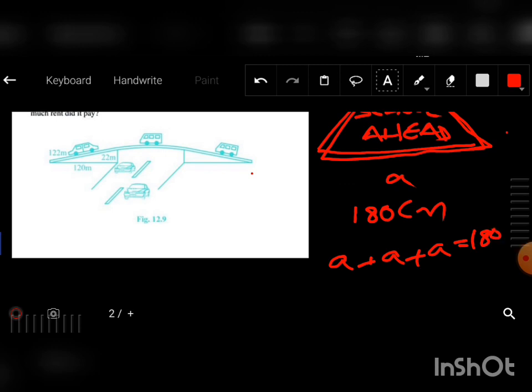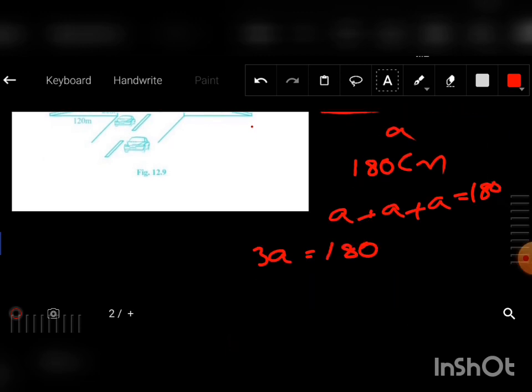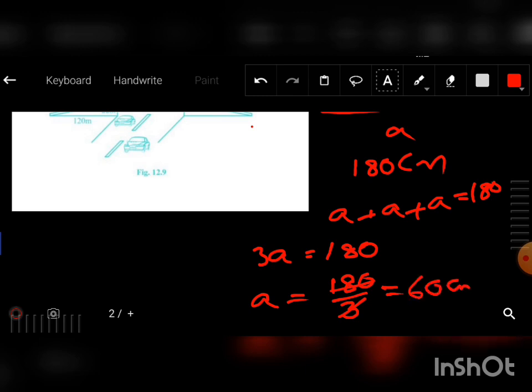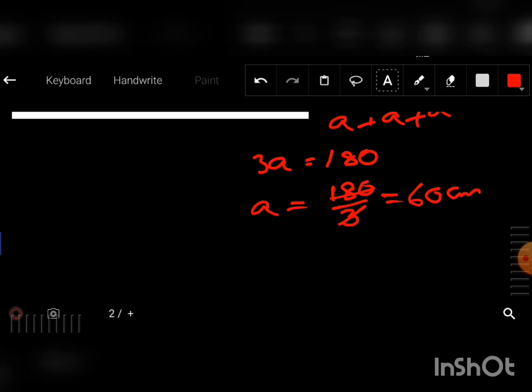That is 3a equal to 180 centimeters and a equal to 180 by 3 equal to 60 centimeters. That means each side of the triangle is 60 centimeters.